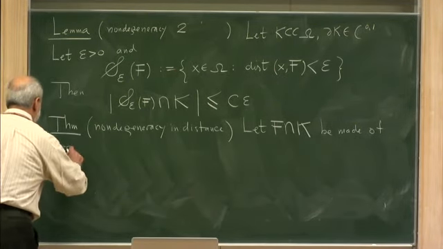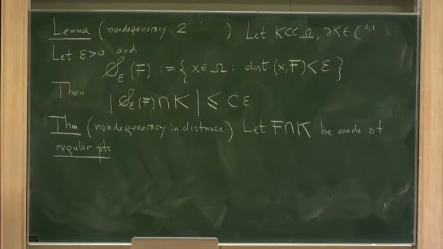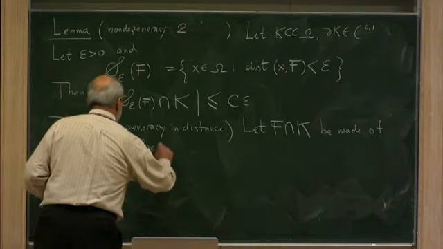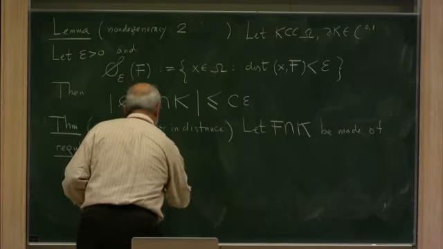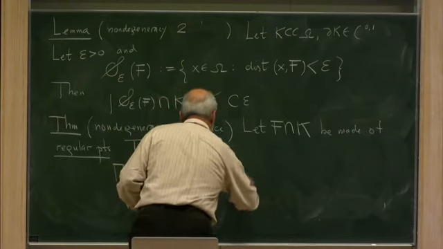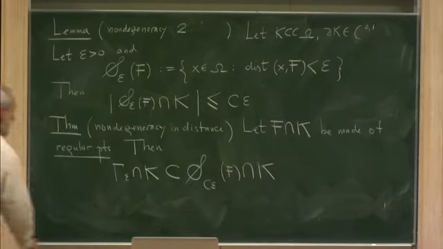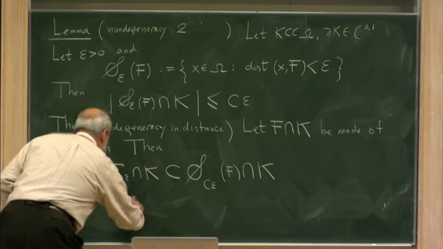Regular in the sense of regularity theory. So there are flat points where eventually the interface is going to be C1 alpha. Then gamma epsilon intersection K is contained in the strip around F intersection K, where C depends on lambda.